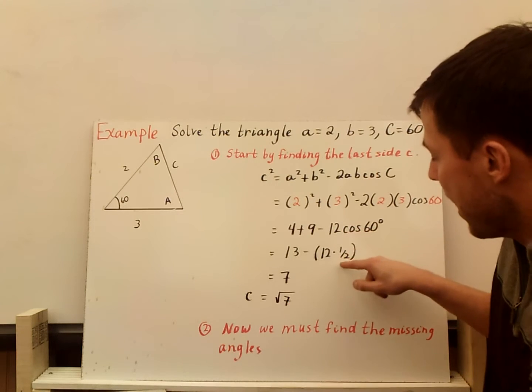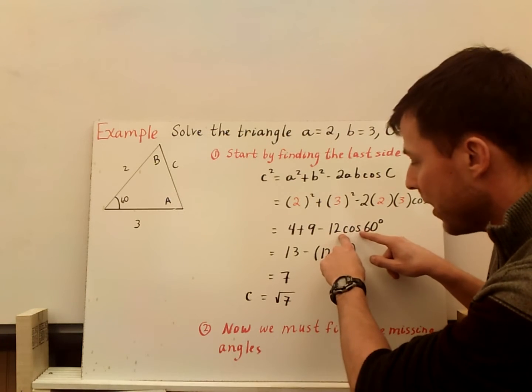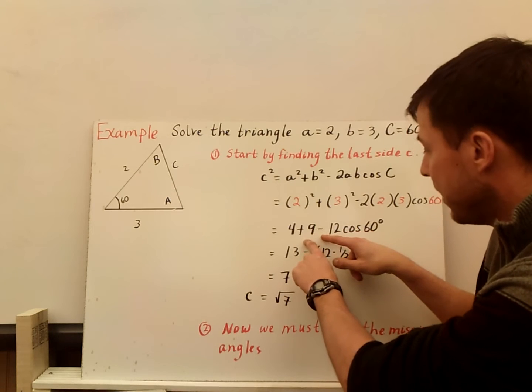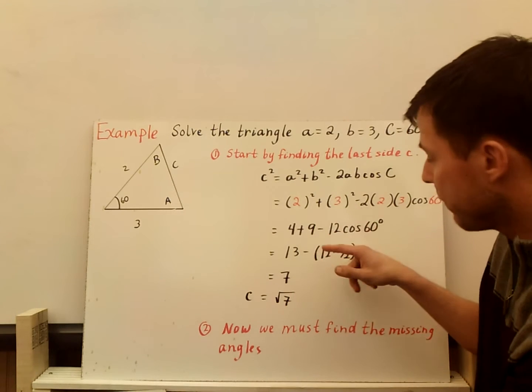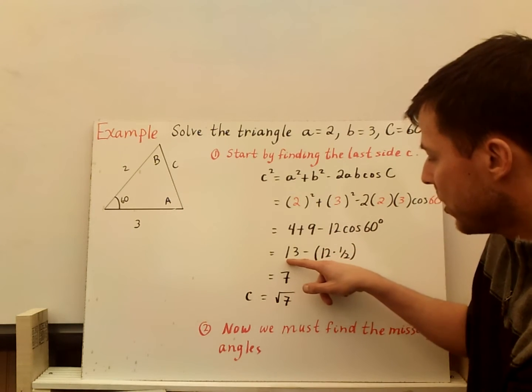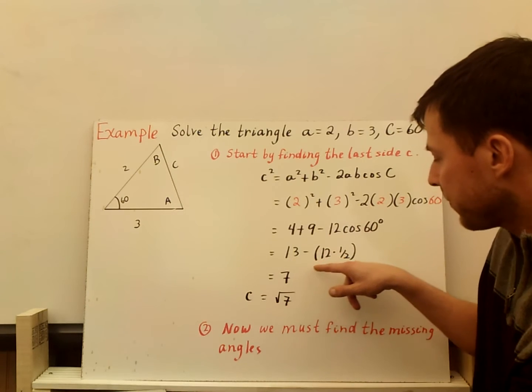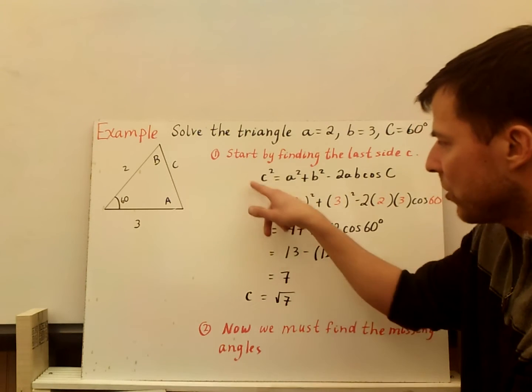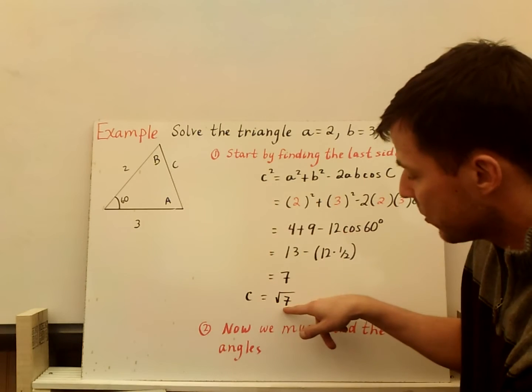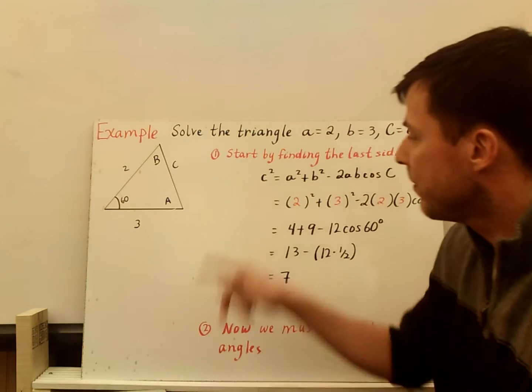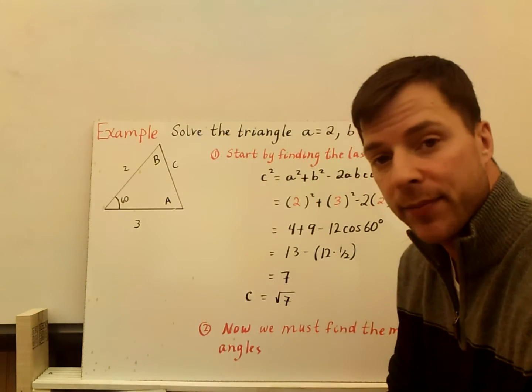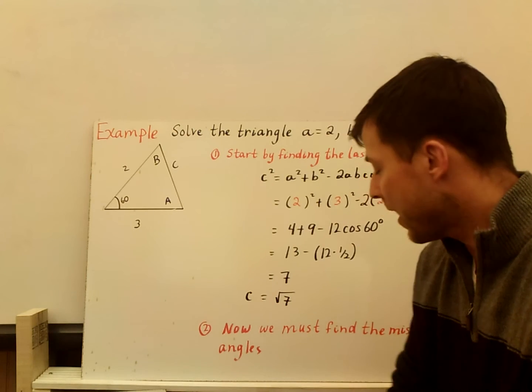Cosine of 60 is 1/2. Make sure you multiply this before you subtract. Danger, so be very careful with your order of operations. I get 13 minus 6, which is 7. Don't forget to square root this. So c equals root 7, because c was squared at the beginning.